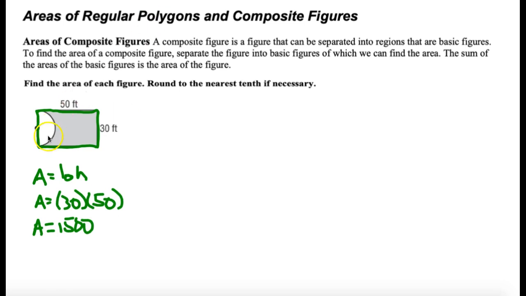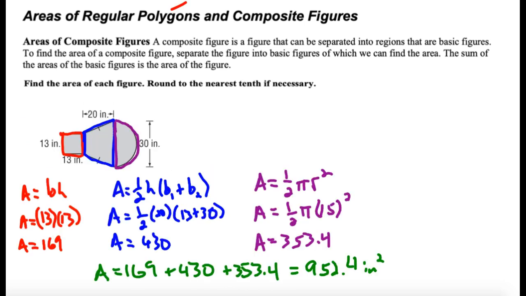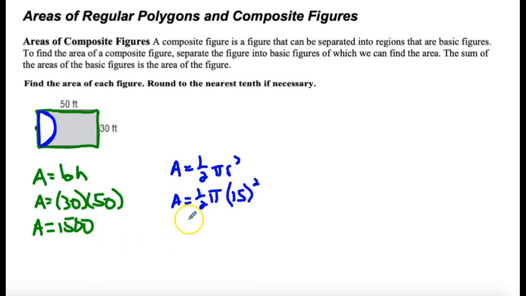And then we want to find the area of this semicircle. The area of that, like we've been saying, half of a circle is 1/2 pi r squared. The diameter is 30, so the radius will be 15. I think that's the same semicircle we did in the last problem. So 353.4, we don't have to type that into the calculator again.